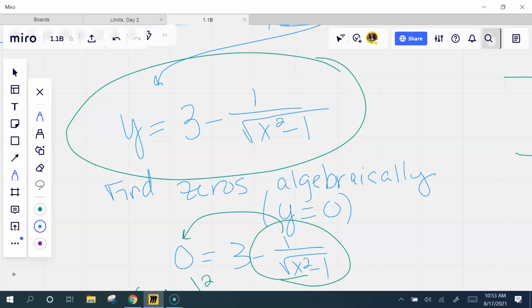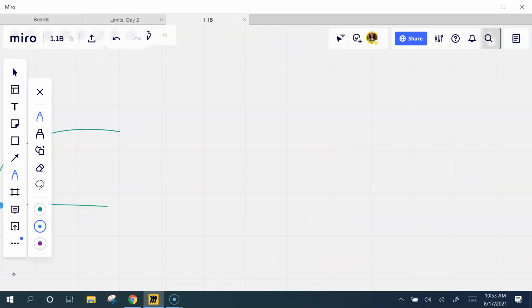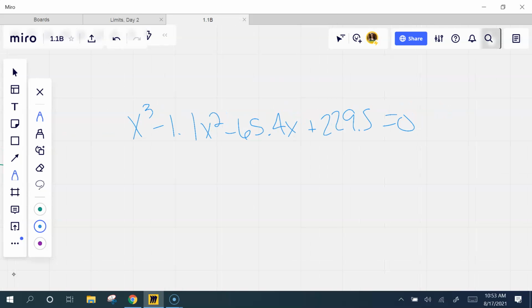All right. Just quickly, one to show you that you can't see if you just do a Zoom 6. Let's say I asked you to find the zeros here.